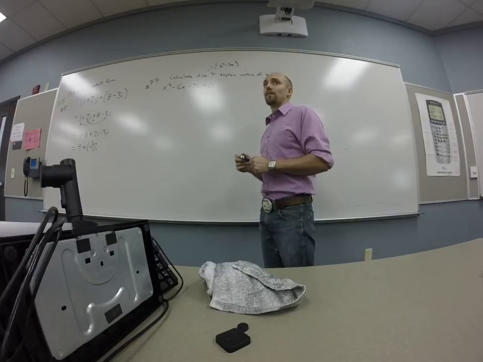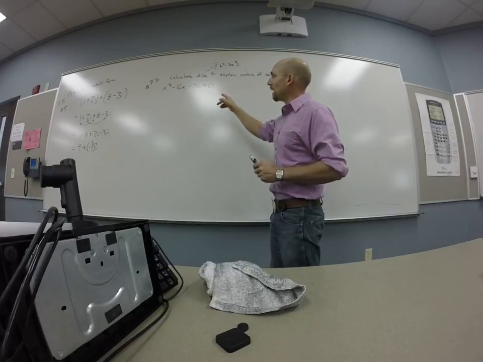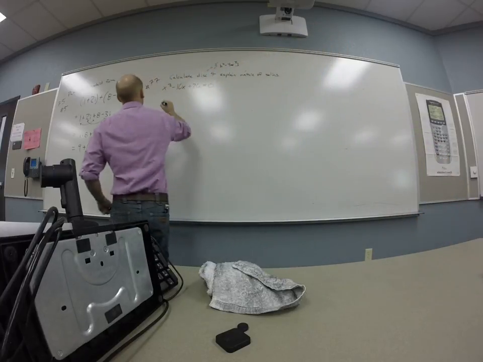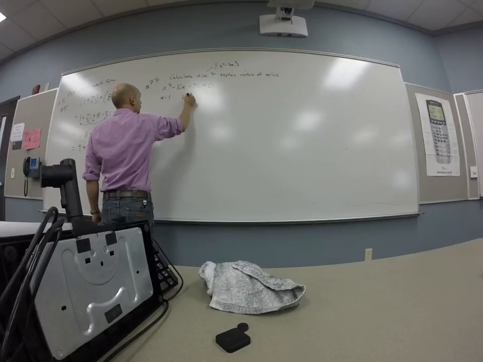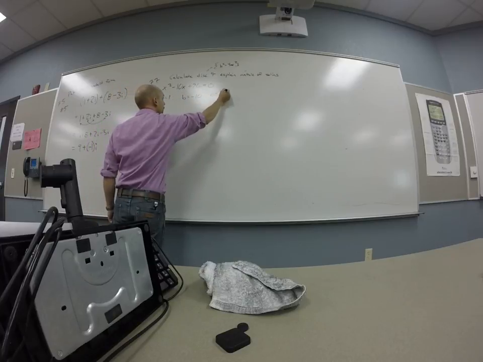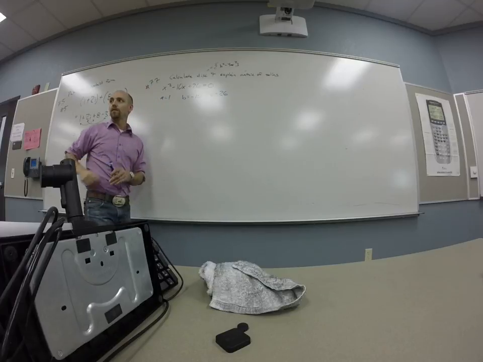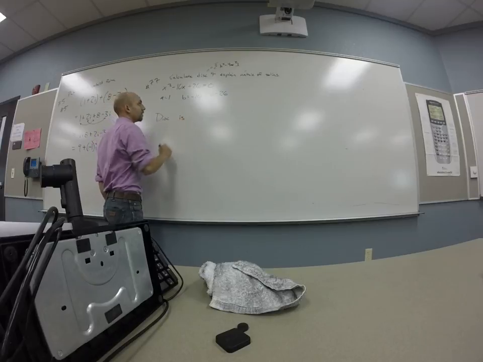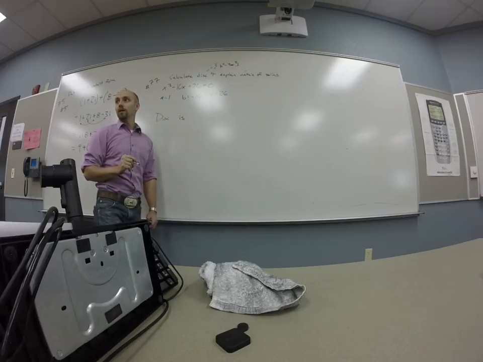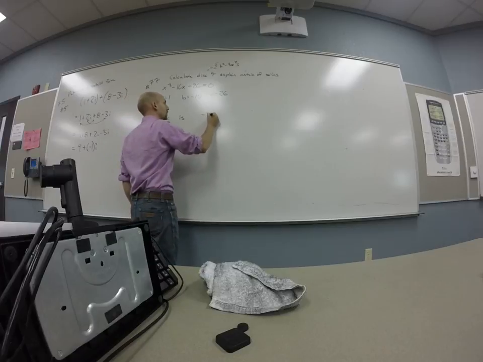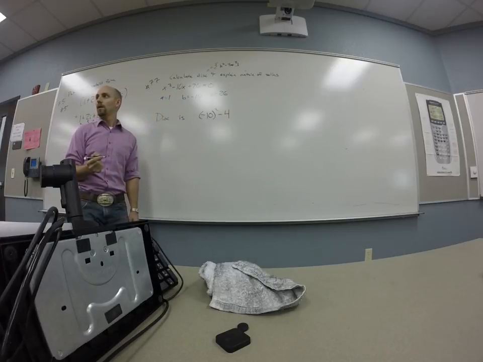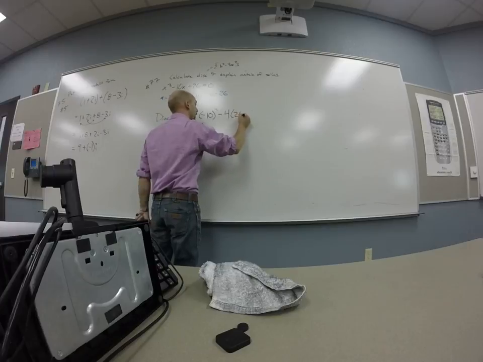So let's see why. What are a, b, and c for this one? I get a is 1, b is negative 10, c is 26. So the discriminant is b squared, which is negative 10 squared, minus 4 times 26.